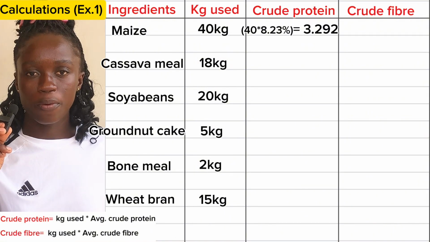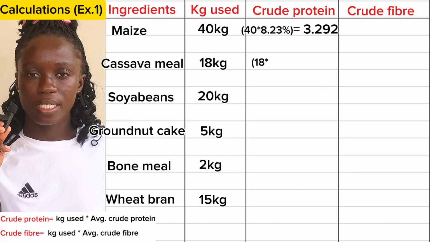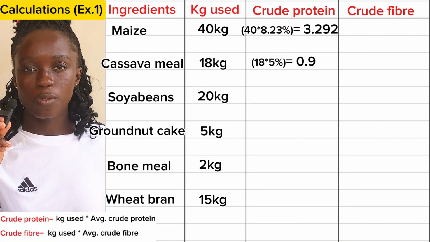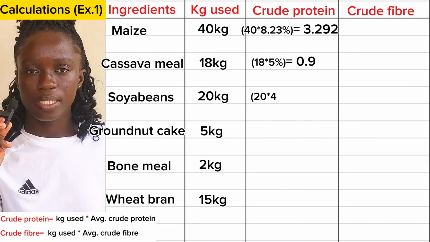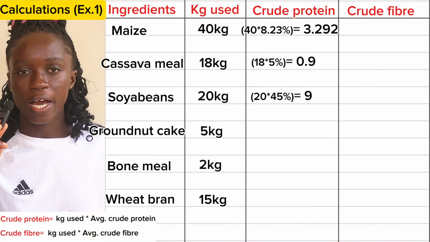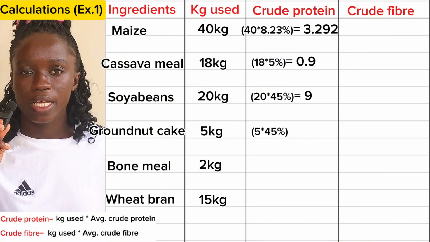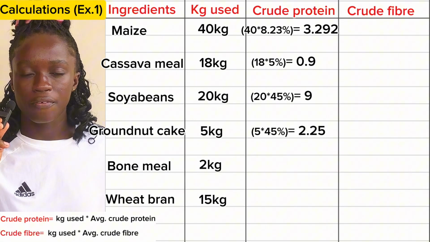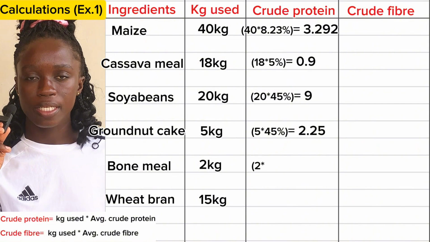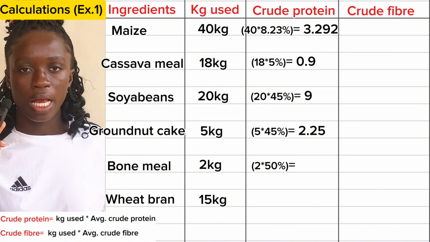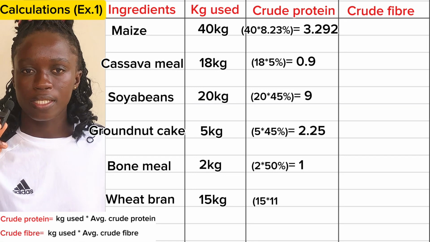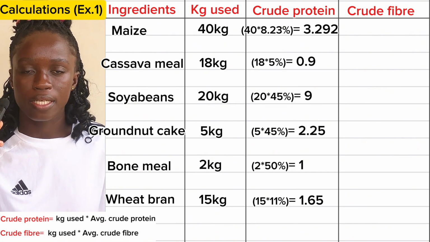For cassava meal, it's 18 times 5%, and that gives us 0.9. For soya beans, it's 20 times 45%, which gives us 9. For groundnut cake, it's 5 times 45%, which gives us 2.25. For bone meal, it's 2 times 50%, which gives us 1. And for wheat bran, it's 15 times 11%, which is equal to 1.65.